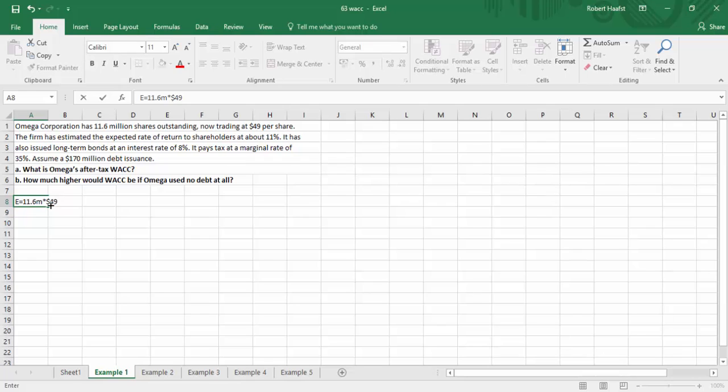So that is $568,400,000. Next to the equity, we have the debt. The debt, as it's stated here, is 170 million, so that's easy.